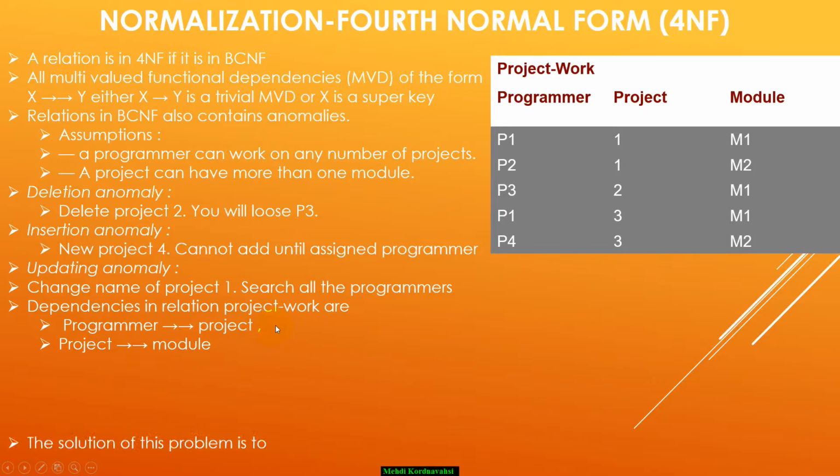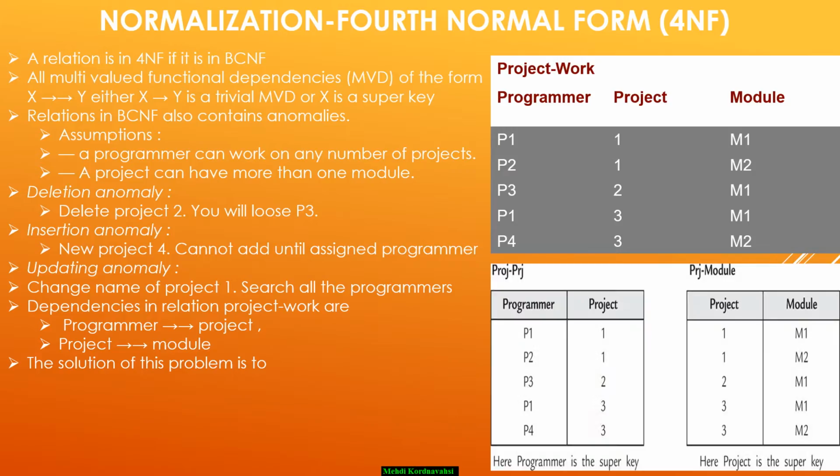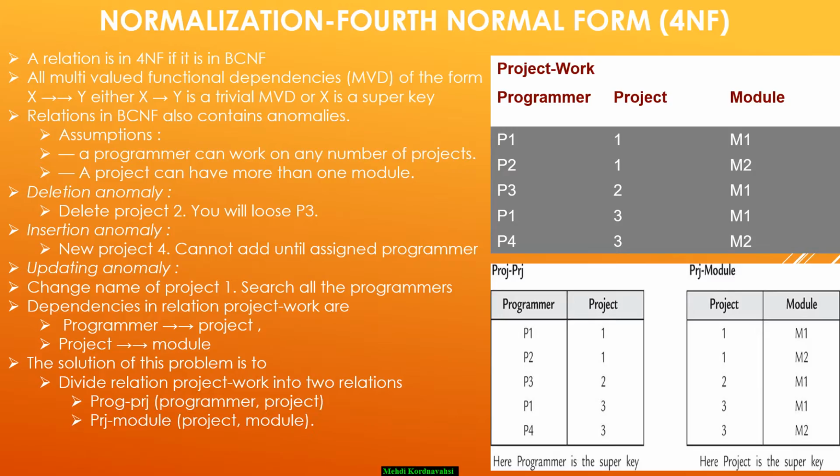The solution of this problem is to divide relation project work into 2 relations: programmer project and project module. As you see here, we separate it into 2 different tables.